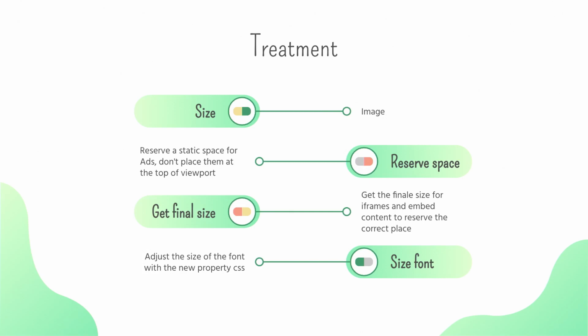Measure them and reserve them a specific space. And if your ads, embeds, or iframes have a dynamic size, please don't put them on the top. Put them on the left, on the right, on the bottom, everywhere, but not on the top. And adjust the size of your fonts with the new CSS property size-adjust.